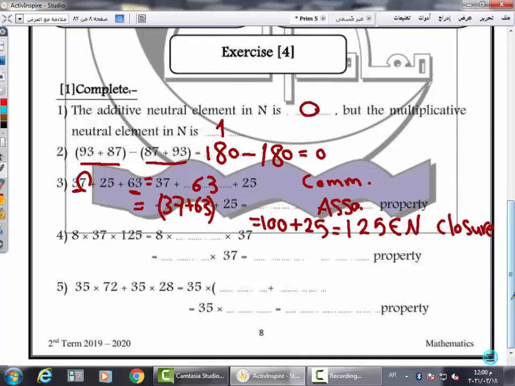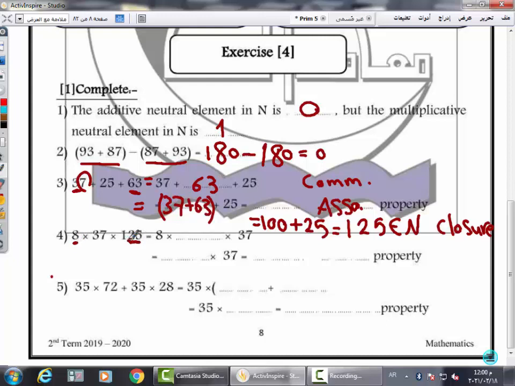Another example, 8 times 37 times 125. We have 3 numbers and we want to find the multiplication. We will take 8 and 125 because they are friends.